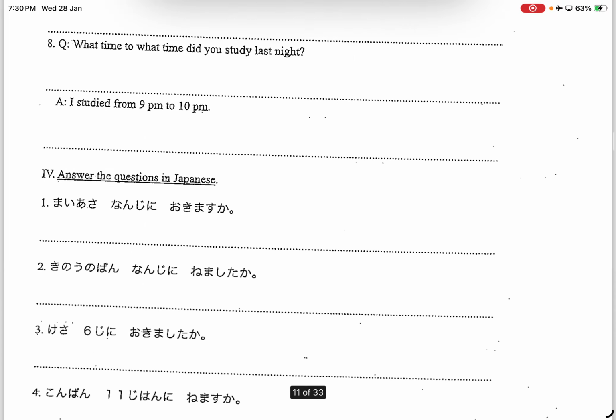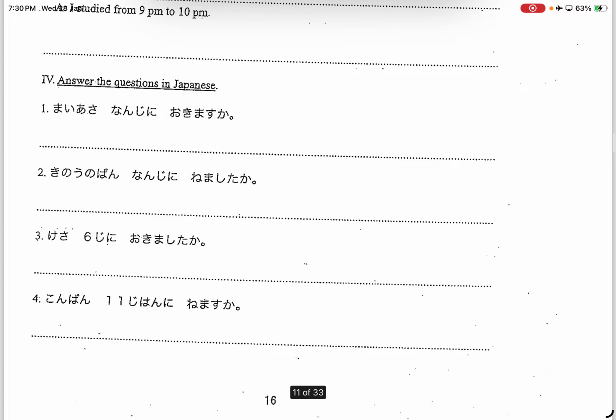Okay, answer the questions in Japanese. So I ask you in Japanese, you reply me in Japanese. 毎朝何時に起きますか? 6時に起きました。 Okay, is it ました? します.